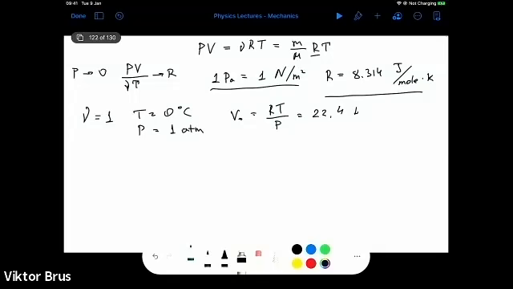So in this case, we can write that pressure times volume is equal to nu RT.